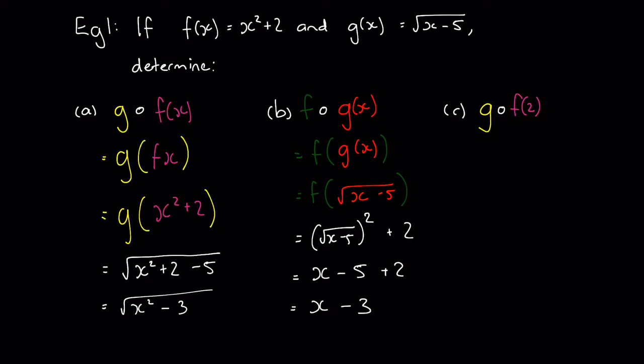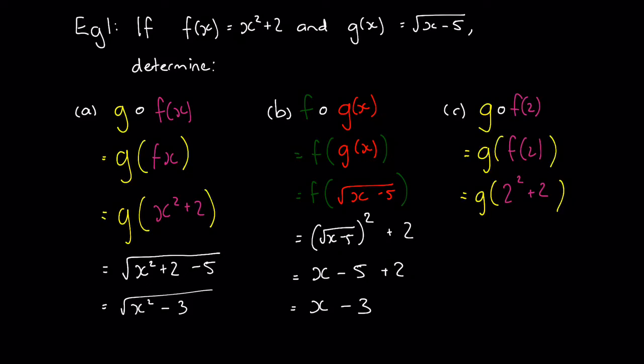If we first put it into a format that's easier to understand, so it'll be g of, and then f of x, or in this case, f of 2, we can then straight away substitute the 2 into the x value of the function f. So the next step is g of, and then the pink function, which is f of x, is going to be 2 squared plus 2.